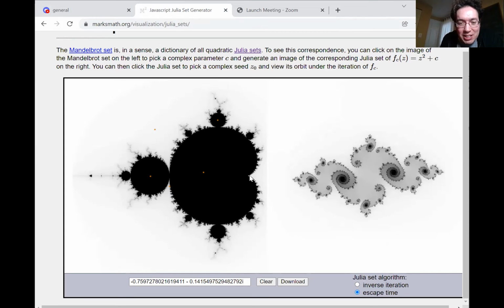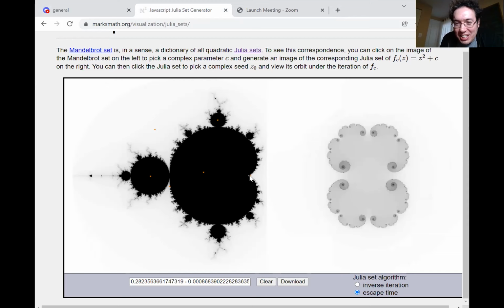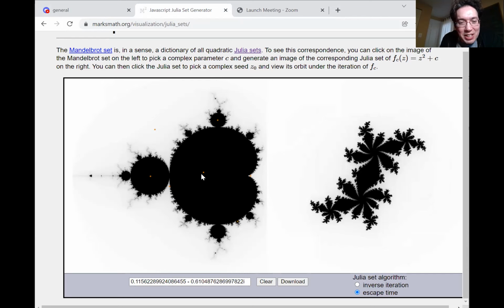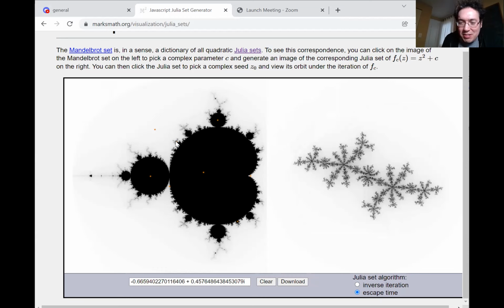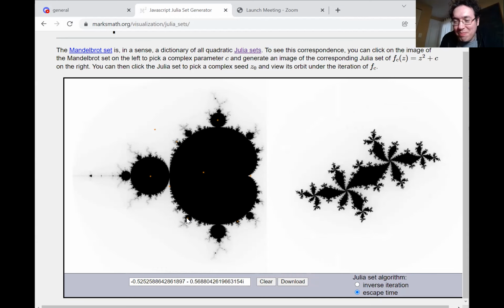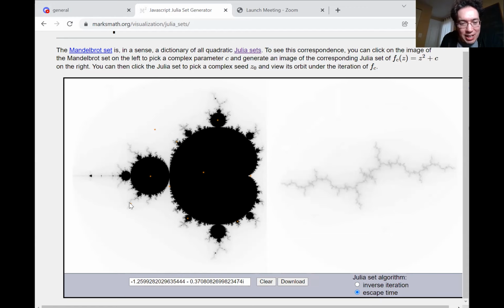You can go to a crack here. It looks like broccoli. And you can see lots of different qualities of pictures that we can get. They're all very complicated and weird looking. That looks like lightning.